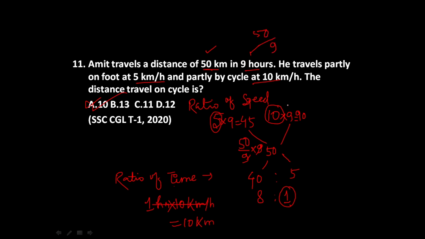So for the betterment of calculation, we are just multiplying 9 on every side, right? So it is 45, it is 90, it is 50. So alligating, 90 minus 50 is 40 and it is 5. So it is 8 to 1. The time is 1 in the second case, means by cycle, and the speed was 10 km per hour. So the total distance will be 10 km.